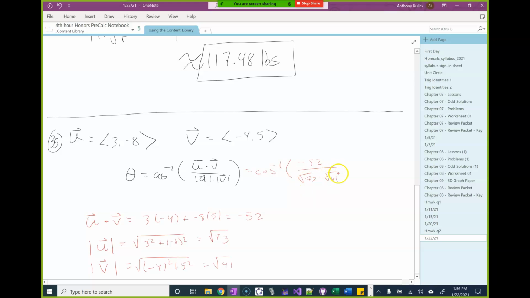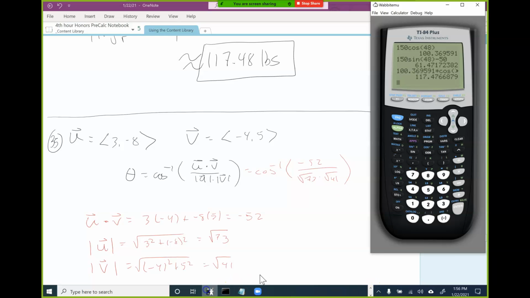And then we'll type this into our calculator. I like to do this all in one line because I'm going to use the fraction command. If you don't know how to do that, press alpha and then the y equals button and pick the first option, and it gives you a fraction in your calculator. So you can't mess up the parentheses on the fraction.